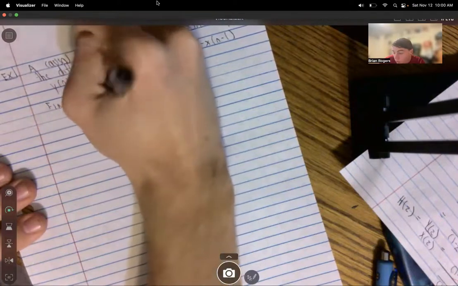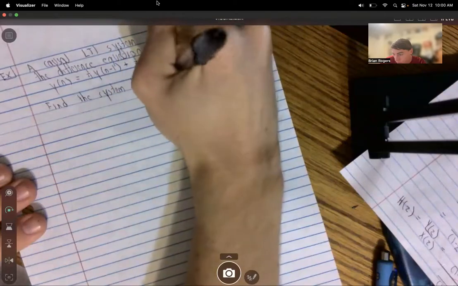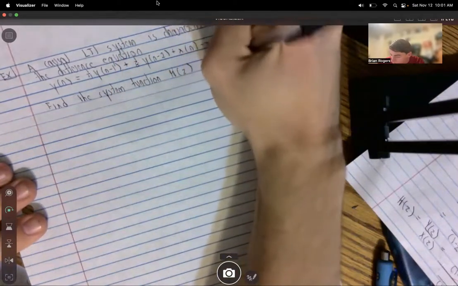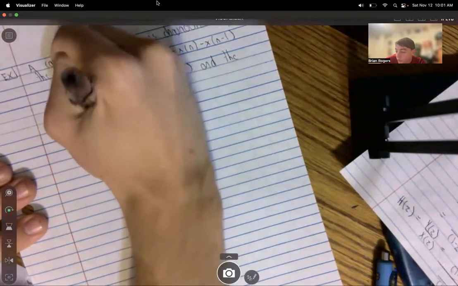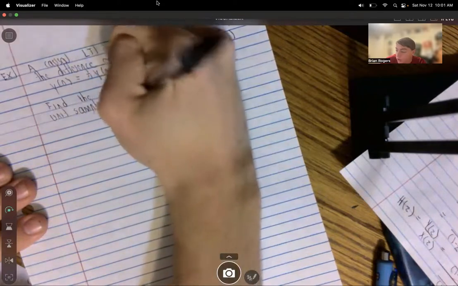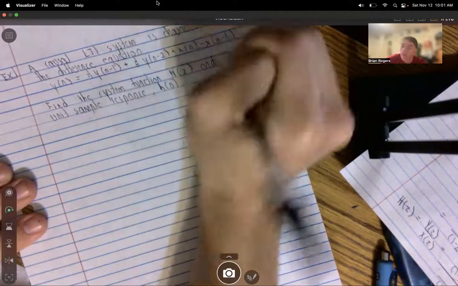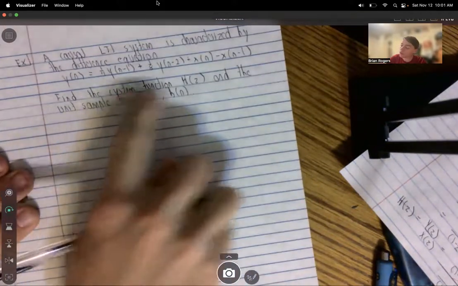Remember, system functions always h of z, as we specified from the start, and the unit sample response. Remember, unit sample response or unit impulse response are the same thing. It's lowercase h of n. So that should be a key word you're looking for when you see this.